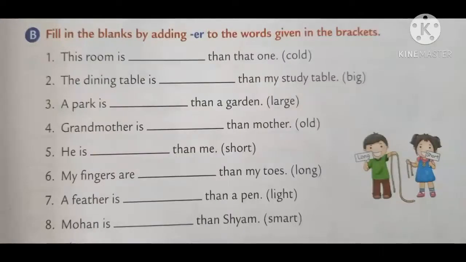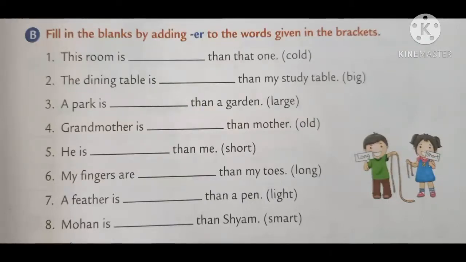Have a look at exercise B. Fill in the blanks by adding er to the words given in the brackets. So these are the words given in the bracket. You have to add er to the words. Okay. The first one, this room is dash than that one.